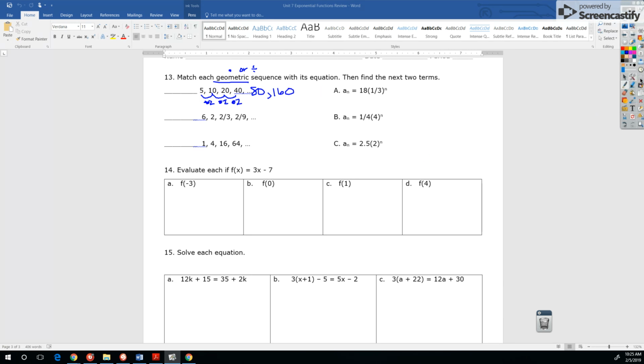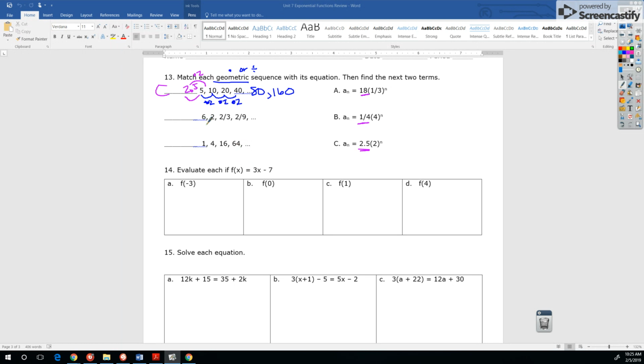Remember, I have to go back 1 to get this number that's in the front. So if I go back 1 from 5, that would be dividing by 2. I get 2.5. So 2.5 times 2 still gets me to 5. So I'm still following that same pattern, times 2, times 2, times 2, times 2. So the one that starts with a 2.5 and has a growth rate of 2 would be C.